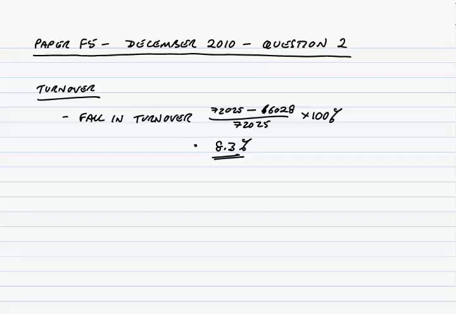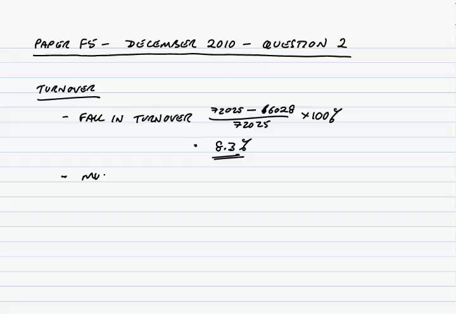Now, of course, any fall in turnover is bad in a sense. But here, remember, we read in the first paragraph, fourth line, the accountancy tuition market in general has faced a 20% decline. And yet we've only fallen by 8%. And so, in fact, relative to the market, we're doing very well.